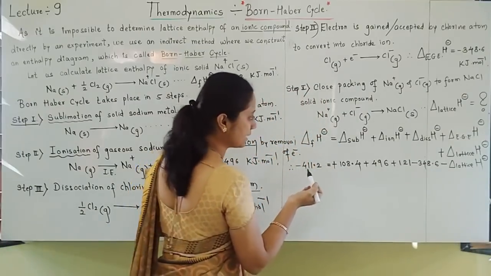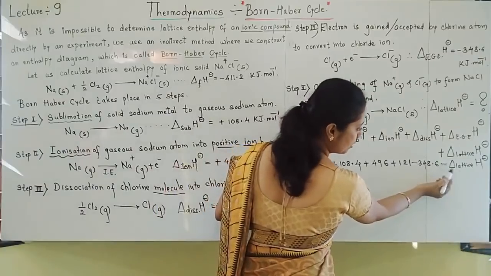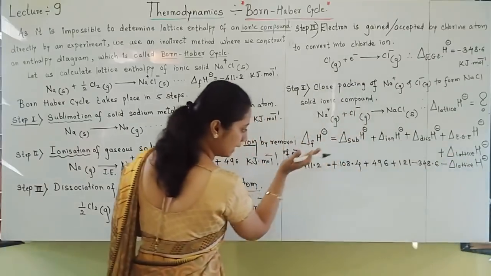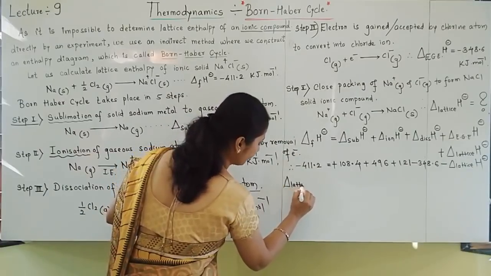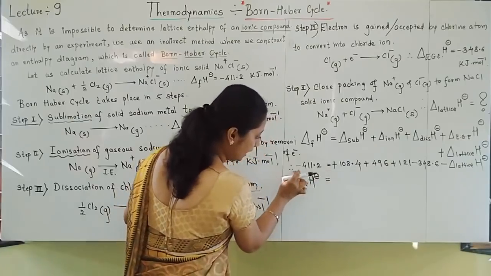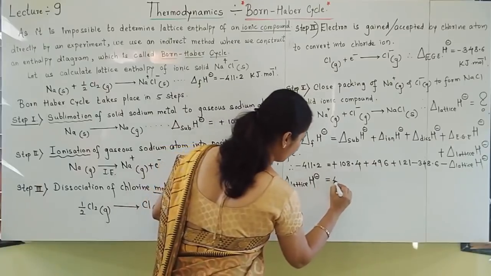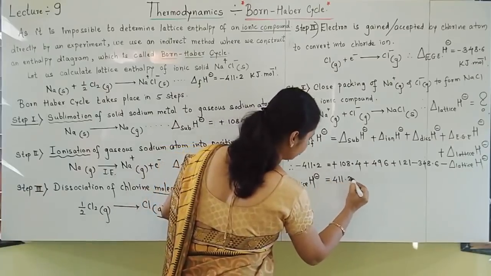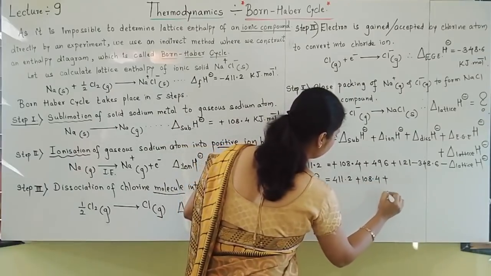How to find out, student, lattice enthalpy? I will do one thing. Lattice enthalpy is having negative sign. We will take that lattice enthalpy on this side. So I will write here delta H for lattice enthalpy is equal to, this negative sign is there, it will go on this side, it will become positive, plus all the values.